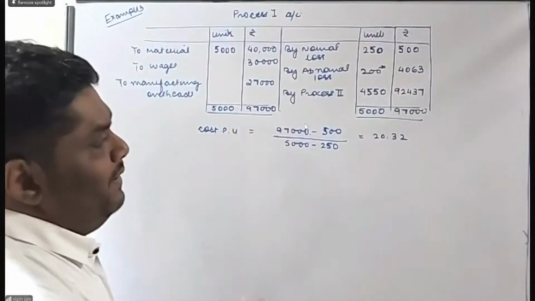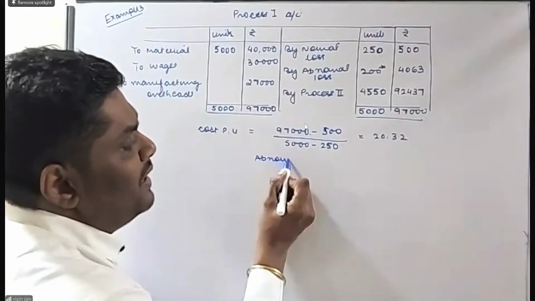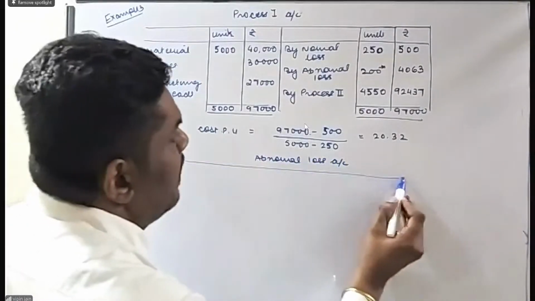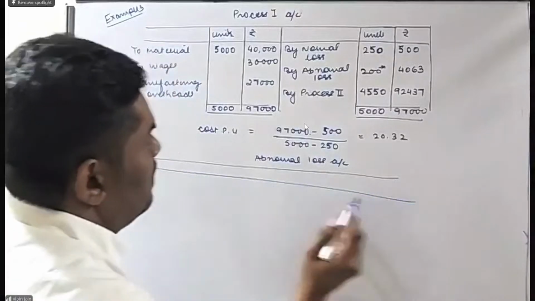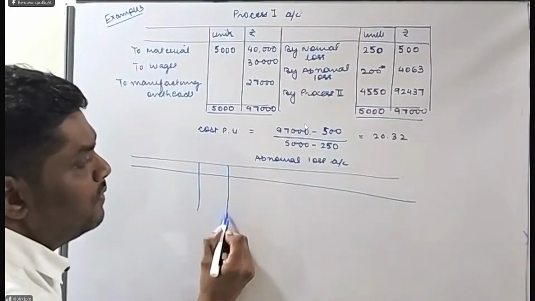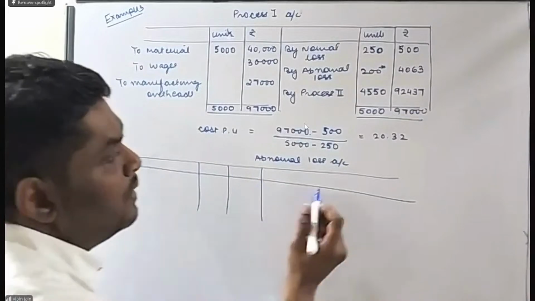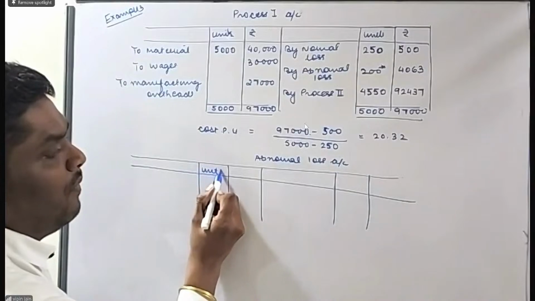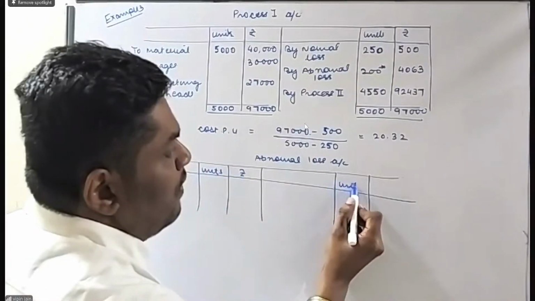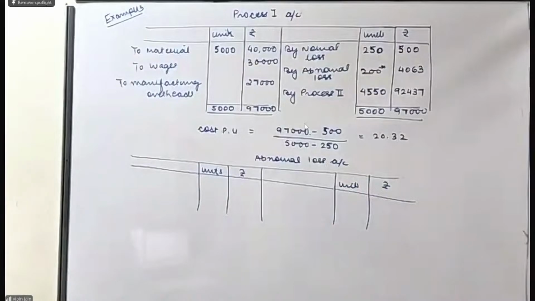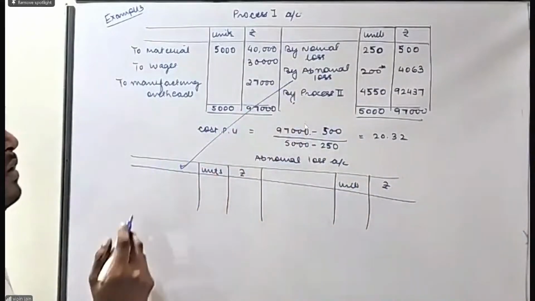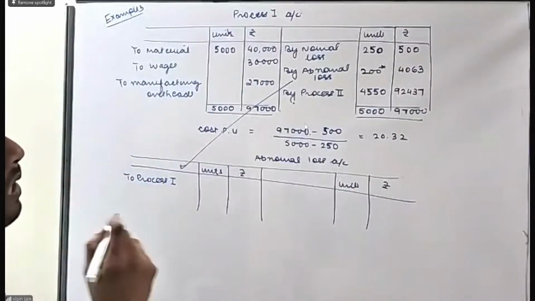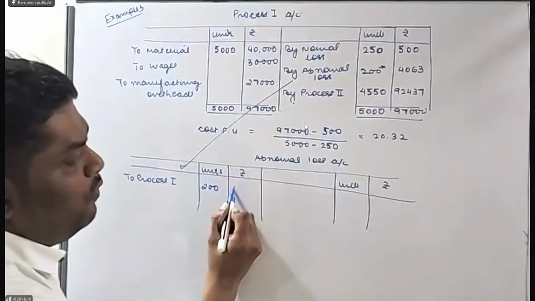Now, one more point. How to prepare the abnormal loss account? So to process first account, 200 units and 4063.